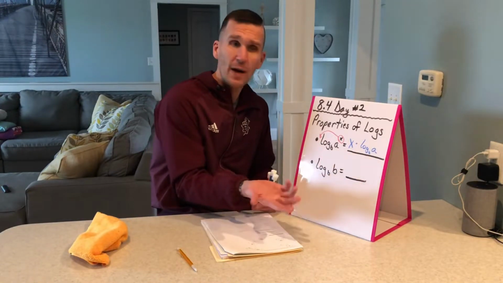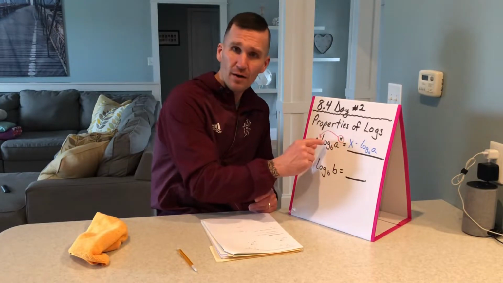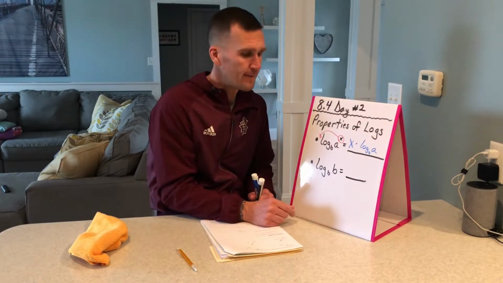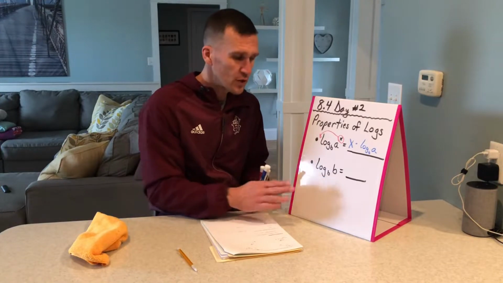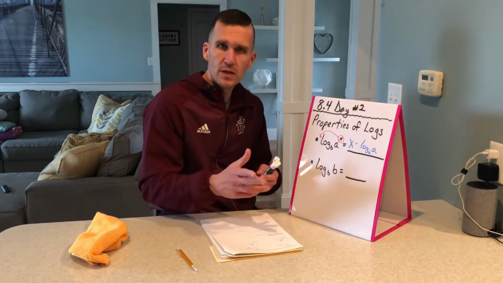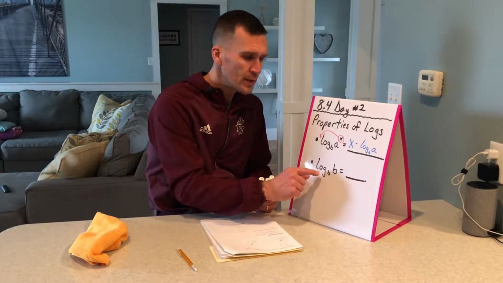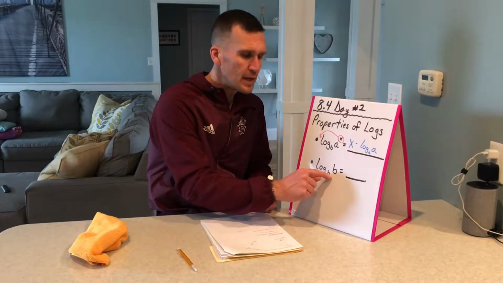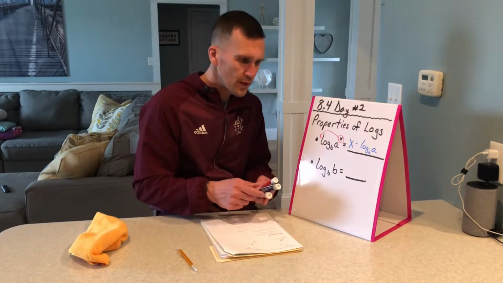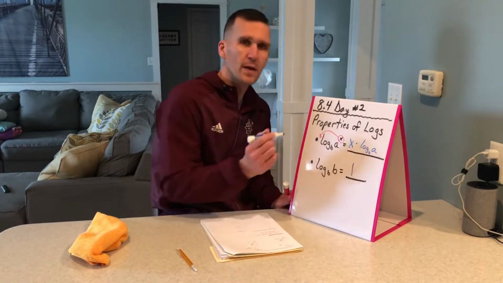Now, why is it called a power property? Because x is a power inside a logarithm and it can come outside. The next one, I'll use the converting to show that this is true in a little bit. Log base b of b is equal to 1.